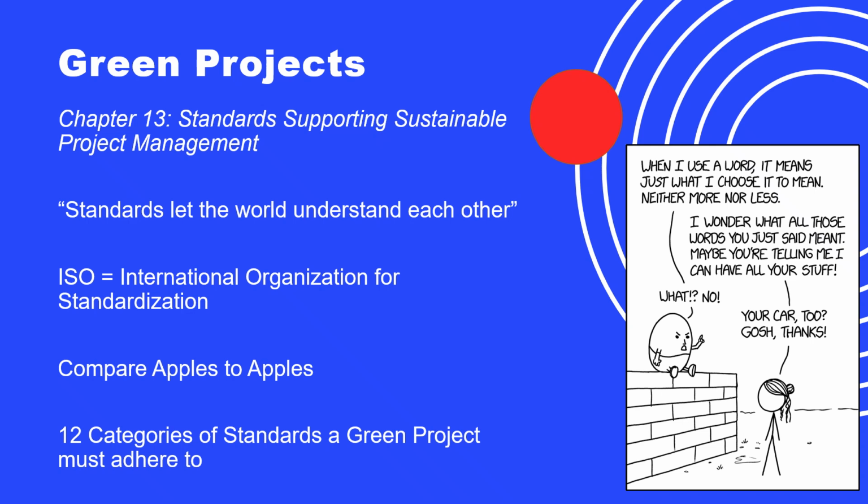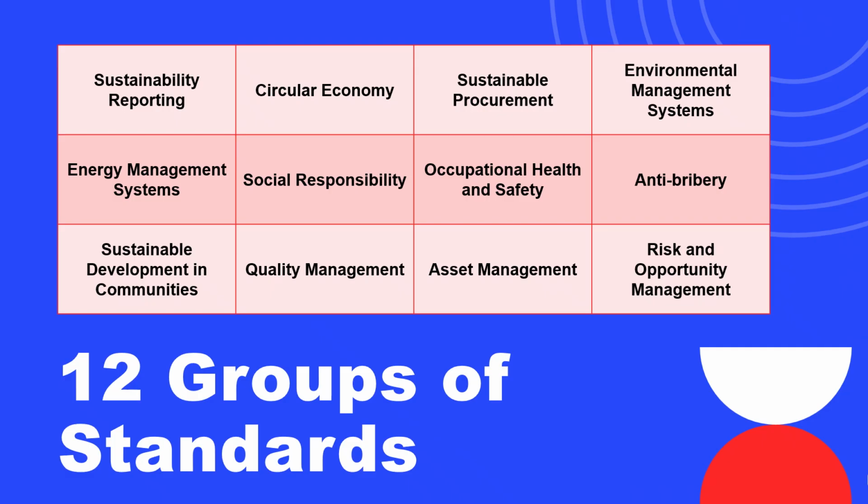The GPM Practice Guide refers to 12 categories of standards, each relating to a separate but equally important aspect of a product or system. Here are those 12 groups of standards: sustainability reporting, circular economy, sustainable procurement, environmental management systems, energy management systems, social responsibility, occupational health and safety, anti-bribery, sustainable development in communities, quality management, asset management, and risk and opportunity management.